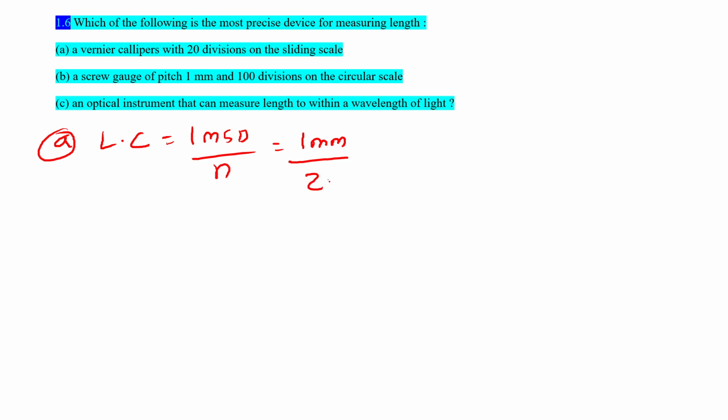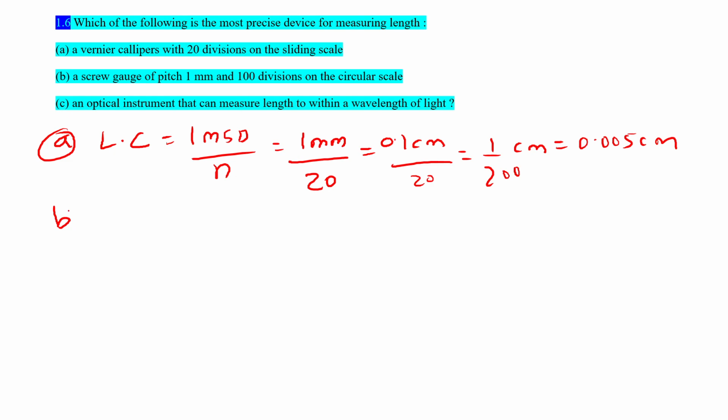Converting 1 millimeter into centimeter, it is 0.1 centimeter divided by 20, which equals 1 by 200 centimeter, so you get 0.005 centimeter. This is the least count of the given vernier.